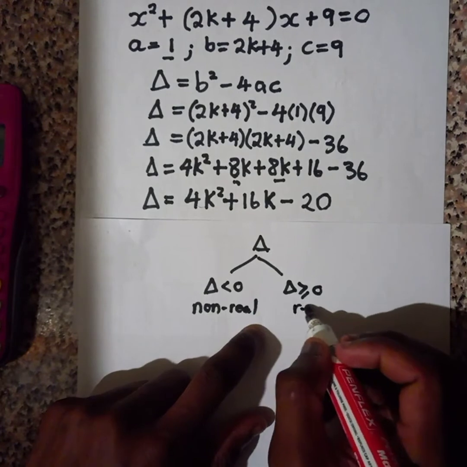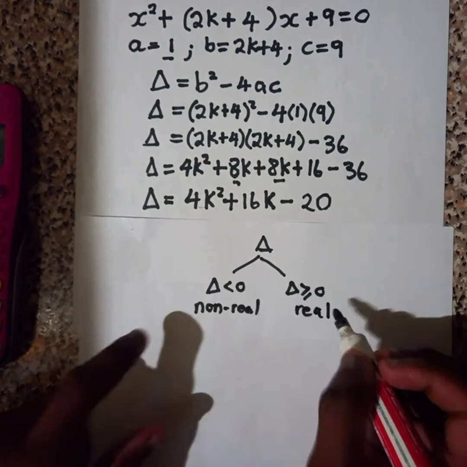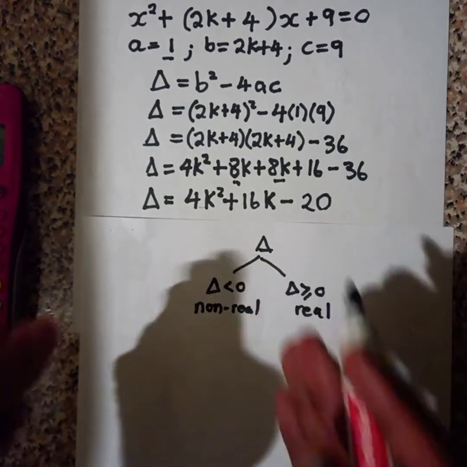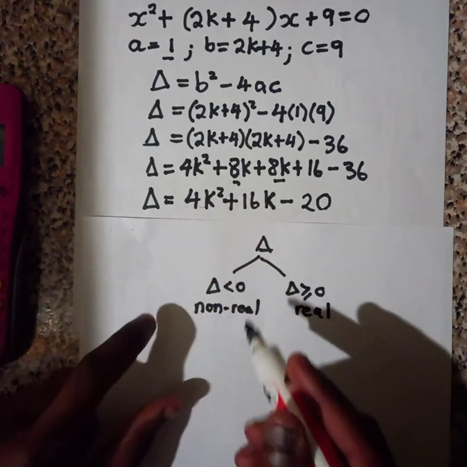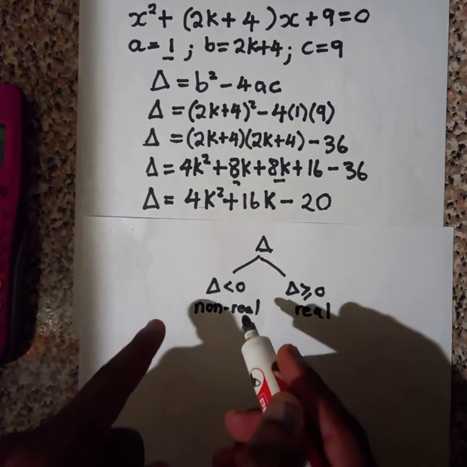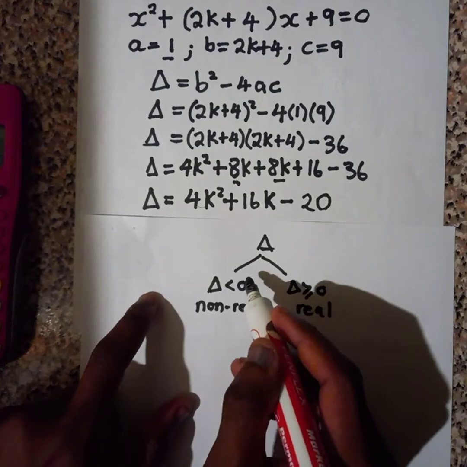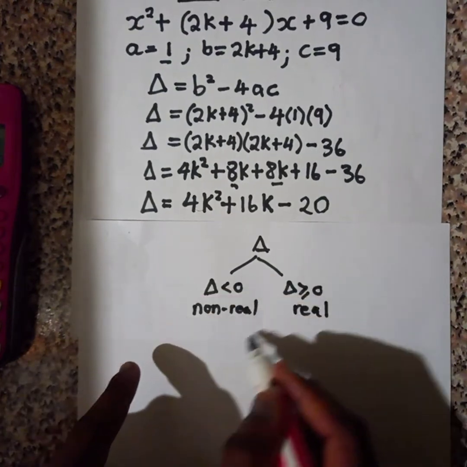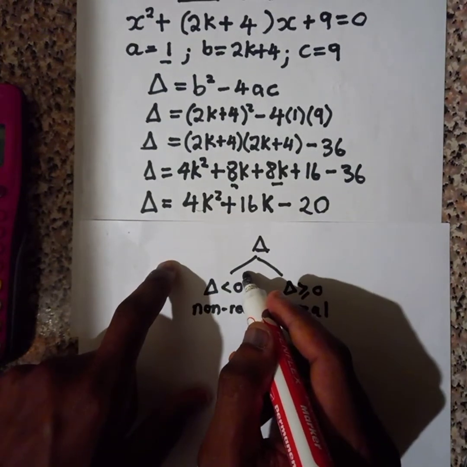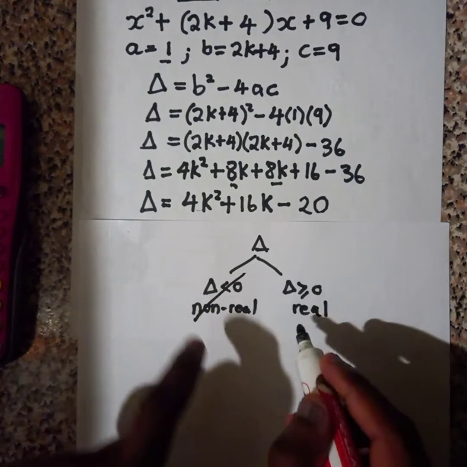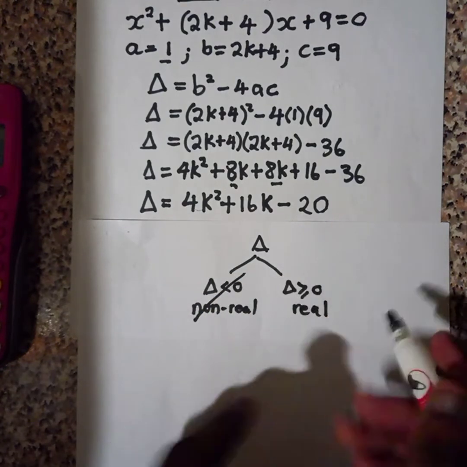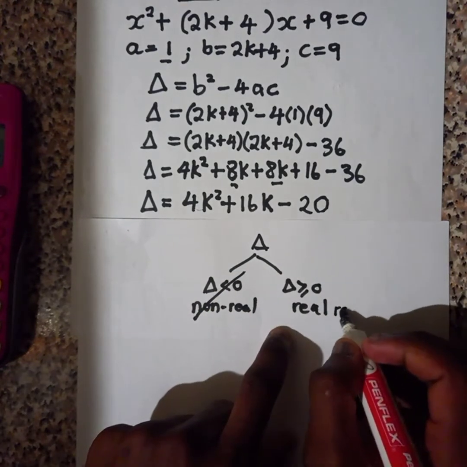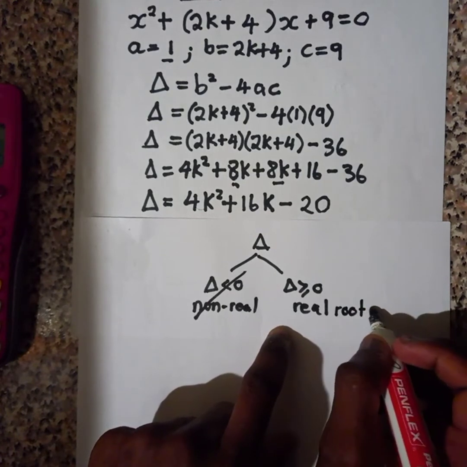We said this one is real. From this point, we can clearly see that we are not going to use the non-real roots. We will then cancel this one out and focus on the real roots side.